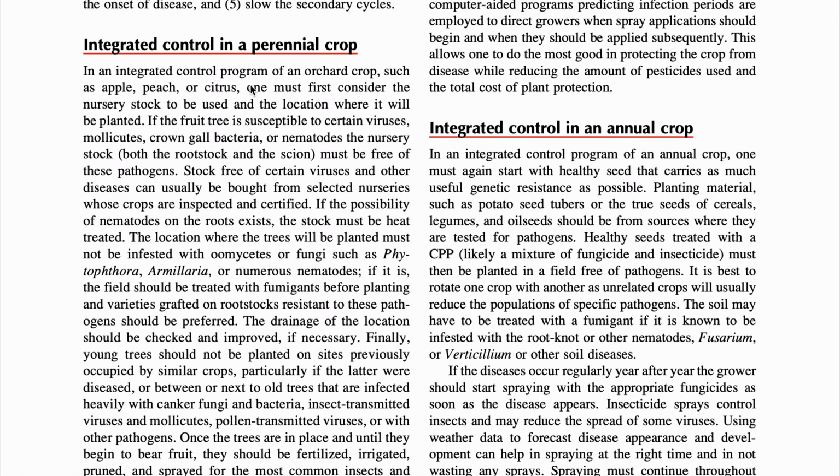In an integrated control program of an orchard crop such as apple, peach or citrus, one must first consider the nursery stock to be used and the location where it will be planted. If the fruit is susceptible to certain viruses, mollicutes, crown gall bacteria or nematodes, the nursery stock must be free of these pathogens. This is the first thing that needs to be checked.